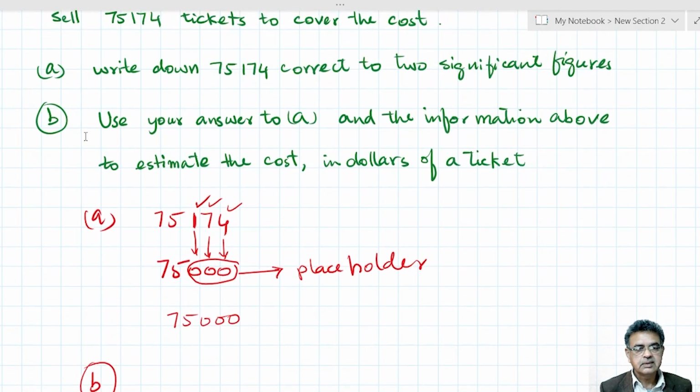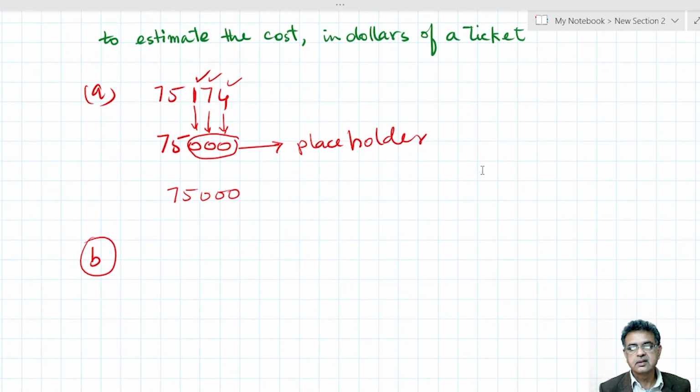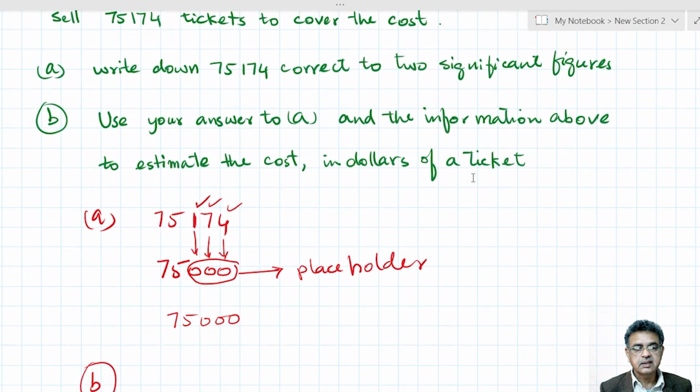Now part B. It says to use your answer to part A and the information above to estimate the cost in dollars of a ticket, the price of one ticket.